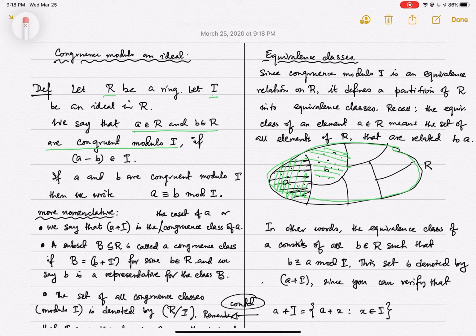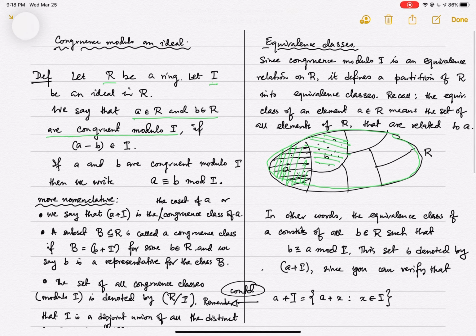And an equivalence class of an element A is denoted first of all by this notation A plus I down on the right side.